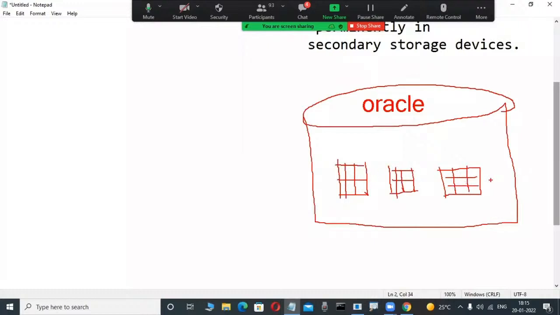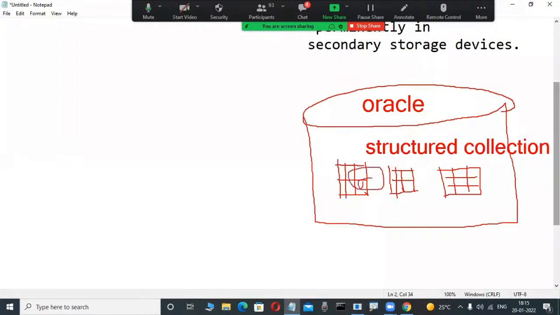All relational databases store a structured collection of data, not non-structured; non-structured data belongs to other databases. Oracle is one of the popular relational databases.